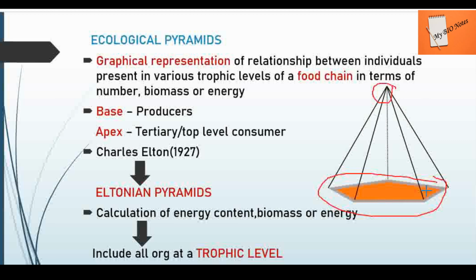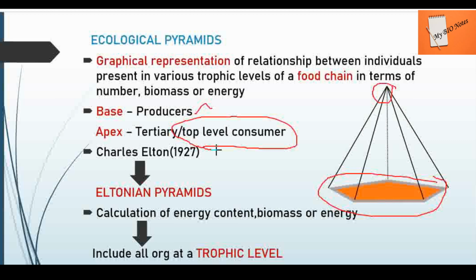In the ecological pyramid, at the base you will have the producers. All the producers are at the base. And at the apex goes the tertiary or top level consumer, the last consumer. This is the basic idea of an ecological pyramid. You should know what we place at the base and what we place at the apex.